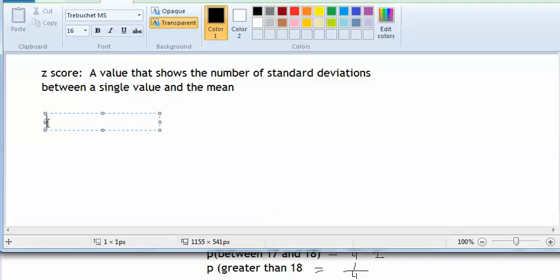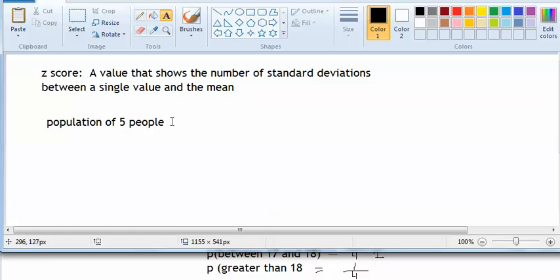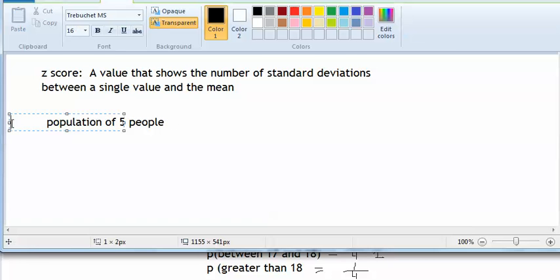Here's a simple example. What if these are the ages of a population of 5 people?